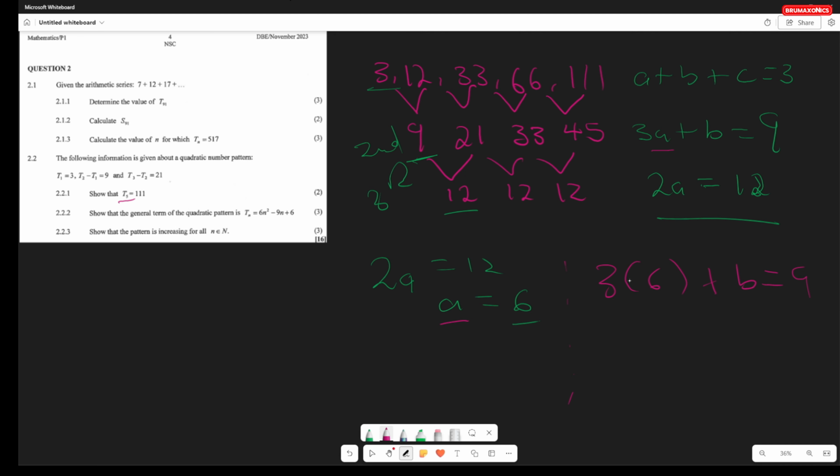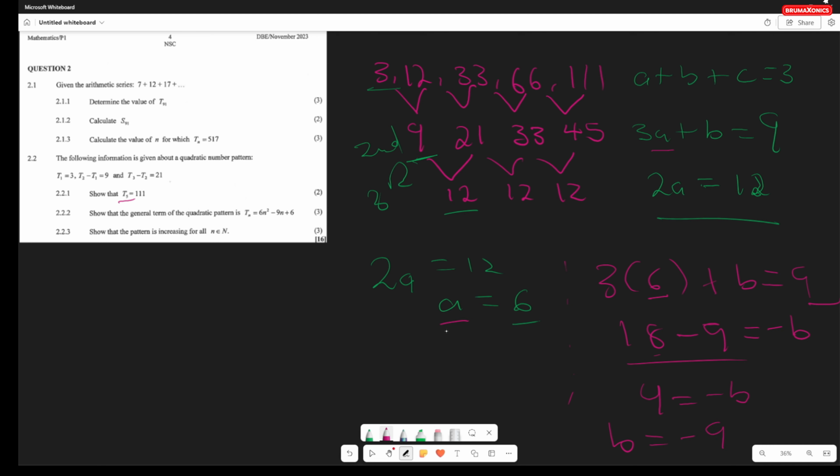So 3 times 6 is 18, and we take this to the other side: 18 minus 9 is equal to minus b. So 9 equals minus b, and we multiply that by negative, and then b is equal to negative 9.